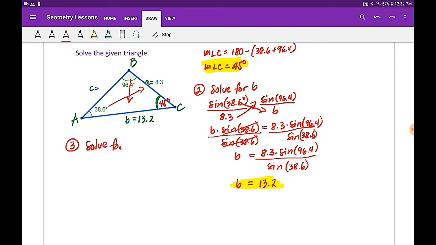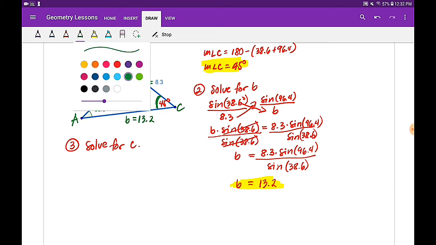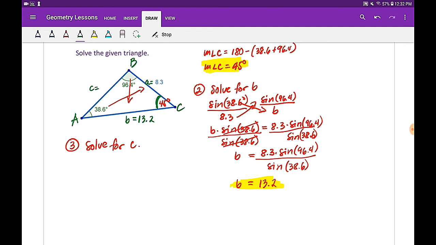Now, to solve for C, you have to find a side-angle pair, one that involves C and the other one with all the information given. If you look at our triangle, 45 degrees is opposite side C. So it's going to be sine 45 degrees over C is equal to, and then we can use the other pair.